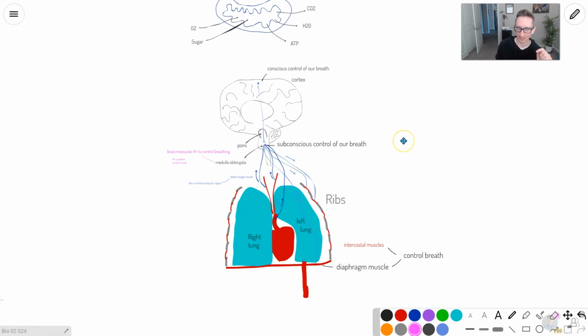But I think this is fascinating, and this is what our activity for the week is going to be. We have conscious control of our breath and subconscious control. And so what happens if we make efforts to have more conscious control of our breathing? What happens to our biology, to our mood, to the way we feel?